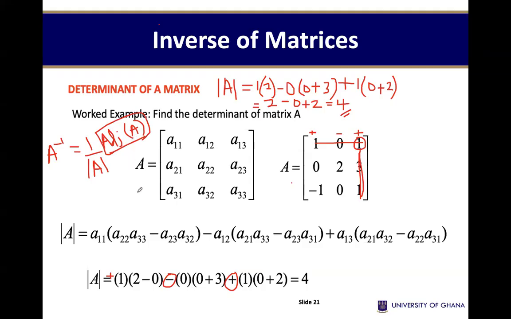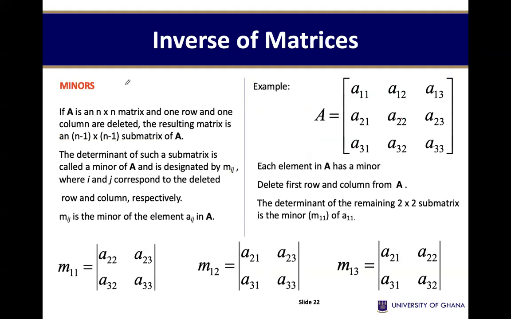Now the adjoint of A is given by the cofactors of A transposed. That's one of the applications of transposing. The transpose I showed you, if you're looking for the inverse, when it comes to the adjoint, you need to be able to find the cofactors.